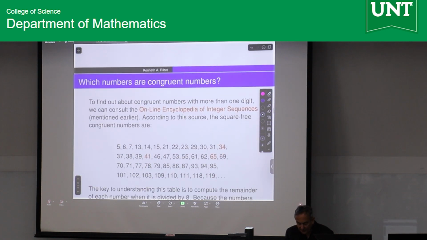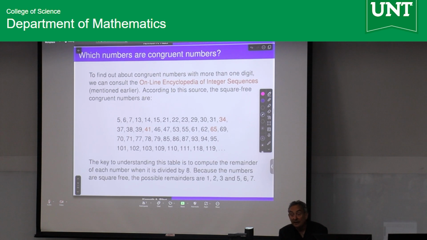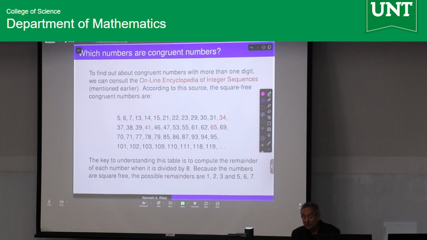So we can go to the online encyclopedia of integer sequences and find out which numbers are congruent numbers up to 119 or so. 119 is my limit just because I want the thing to fit on the slide, but you can get a pretty long list from oeis.org. And you can ask ChatGPT what's going on here. And if ChatGPT is halfway intelligent, which of course it's not, it will certainly notice that there are runs of 3.